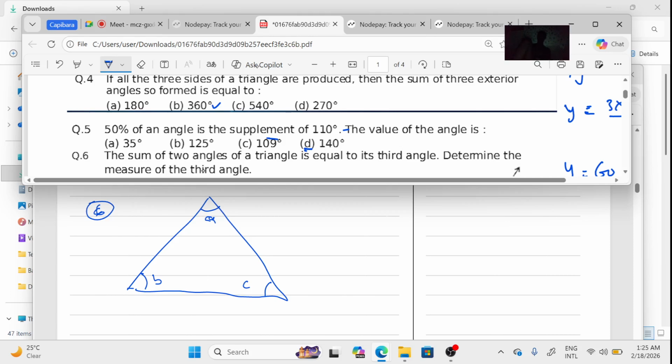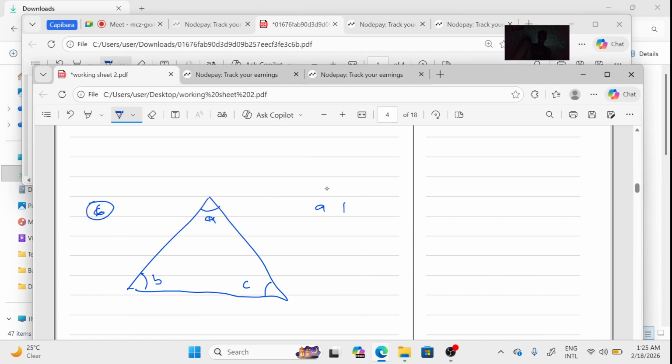So you can say A plus B is equal to C, depending on how you want to do it. But remember that A plus B plus C is equal to 180 degrees. Now they are asking you the value of the third angle.